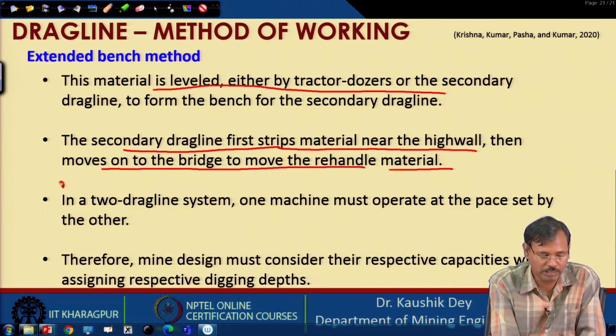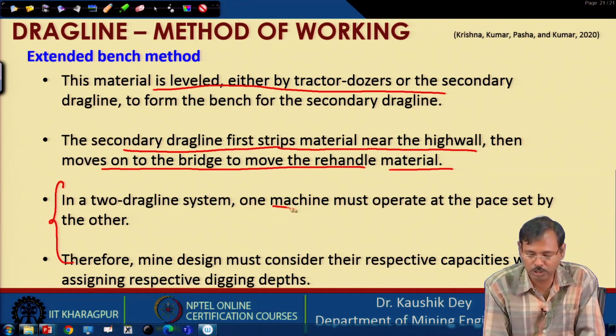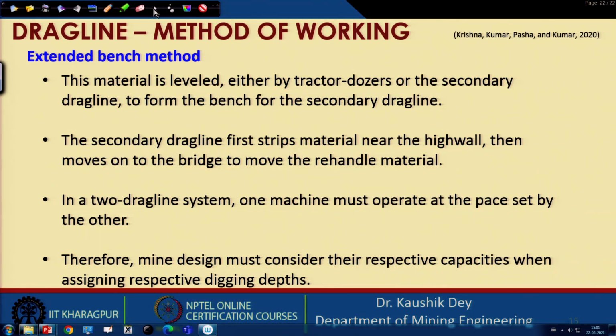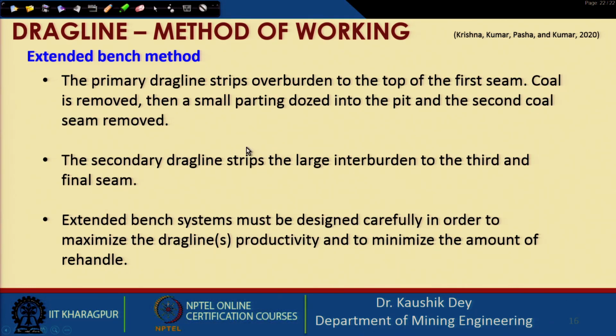When two draglines are used, one machine must operate at the speed set by the second one, and the mine design must consider their respective capacities and assign separate digging depths for the best application. Otherwise, the extended bench method is applicable for one dragline also.